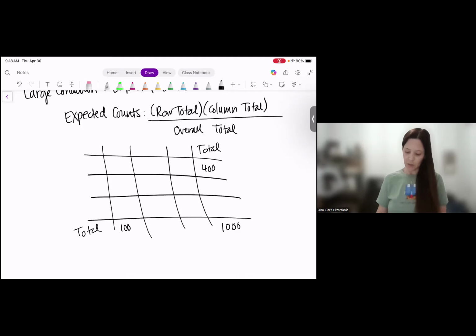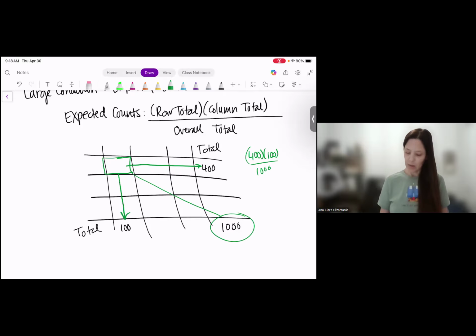Regardless, if I was trying to figure out the expected count for this cell, I would multiply 400 times 100 and then divide that by the overall 1,000. So 400 times 100 divided by 1,000. And the beautiful thing about technology is that it will actually calculate your expected values for you, but it's good to know how they're calculated.